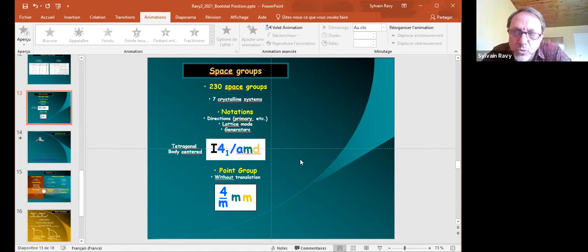Yes, you're right to mention this concept of symmetric and non-symmetric, because my understanding is that if your space group is symmetric, then the associated point group is a subgroup of it.